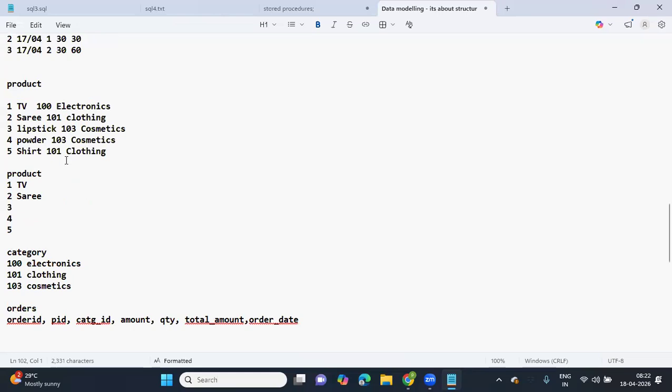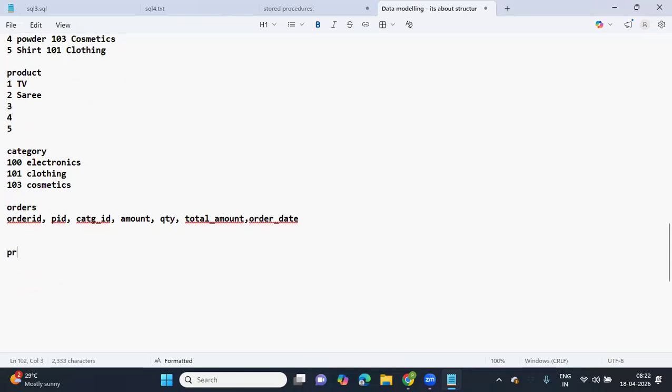Product table containing product and category is redundant. Redundant means duplicates. Not exactly duplicates, but repeated information.